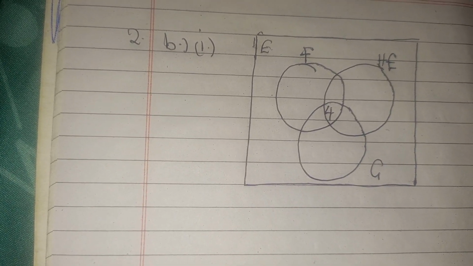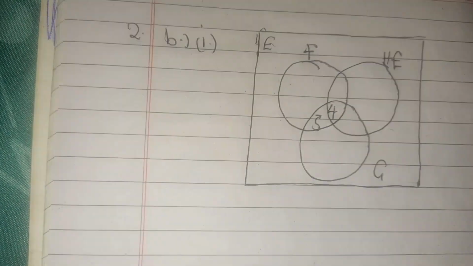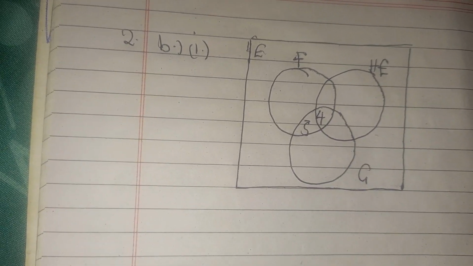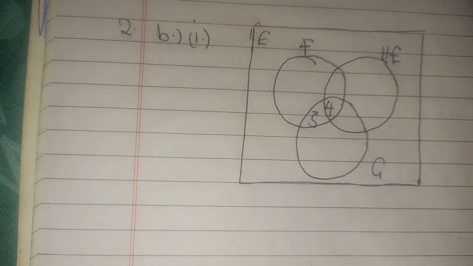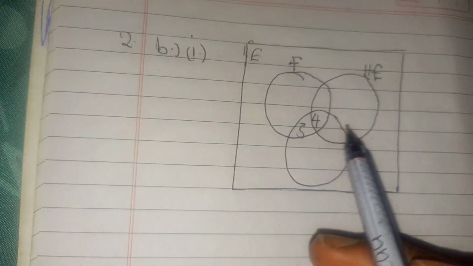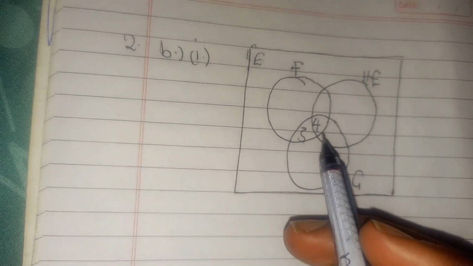So we're going to subtract the 9 by 4, and it will give us 5, so that we find the total who take French and geography. So in short here, whatever total they're going to give us for those who take 2 subjects, we're going to be subtracting by this 4, because this 4 is also included.